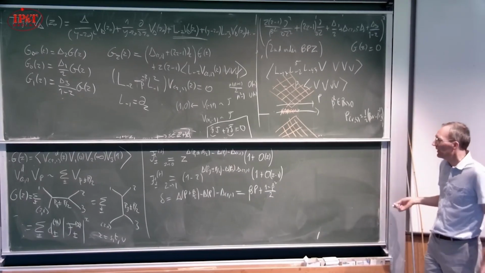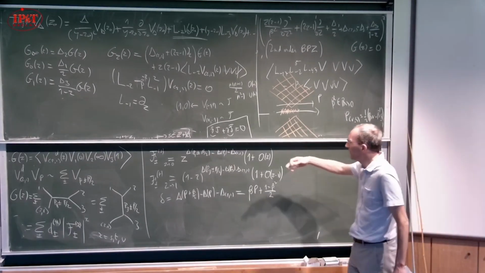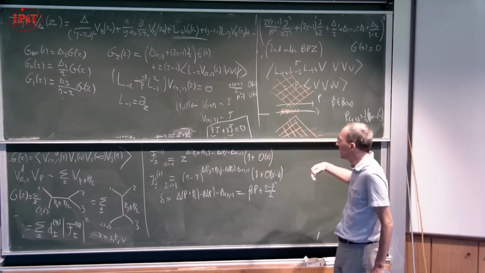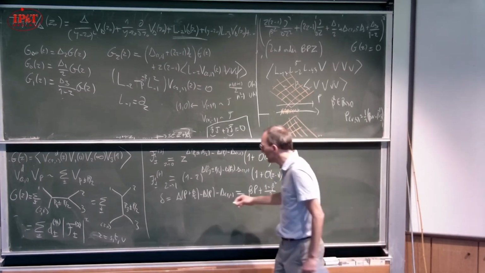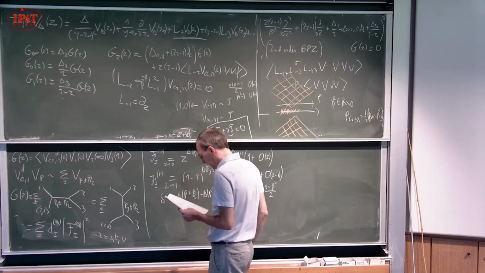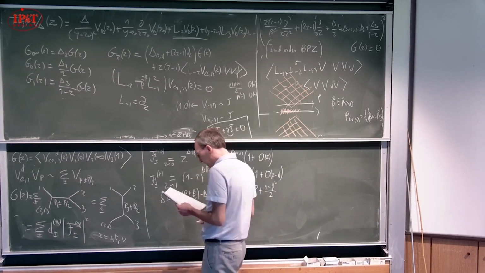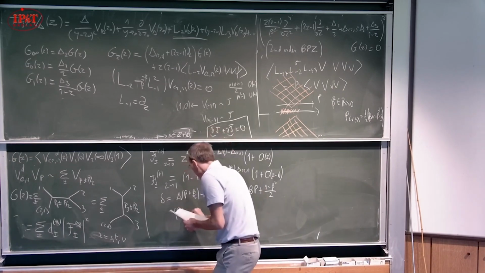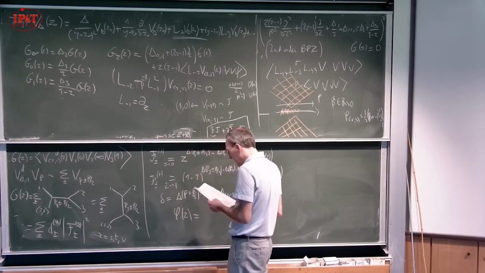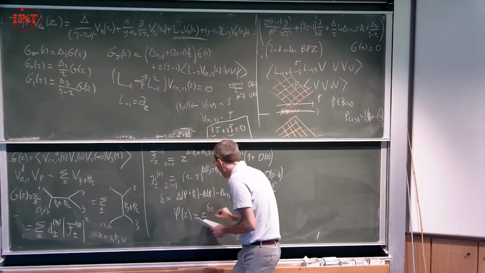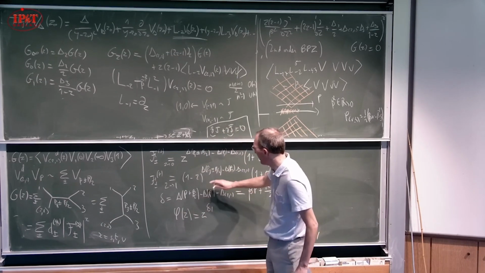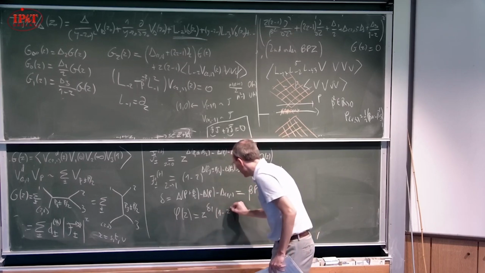And, well, in fact, this asymptotic behavior suggests that we could redefine our G. So instead of G, we'll put an extra factor phi, which has the right asymptotic behavior near z equals 0 and also near z equals 1.